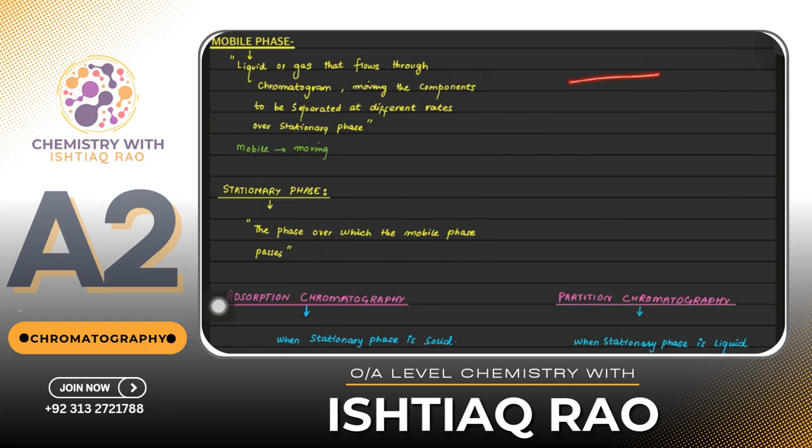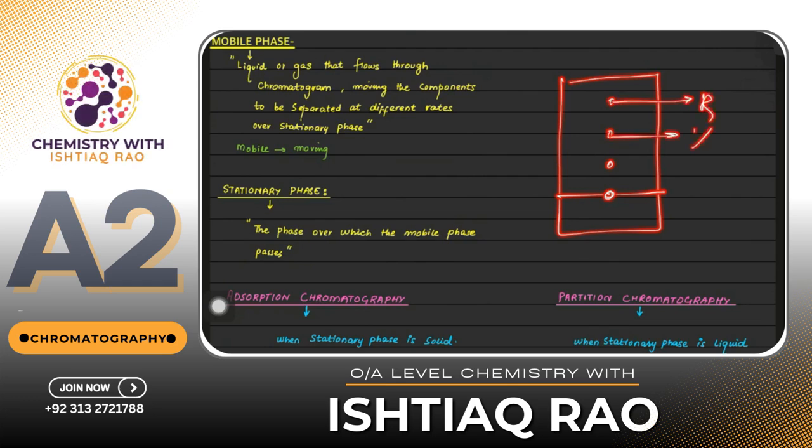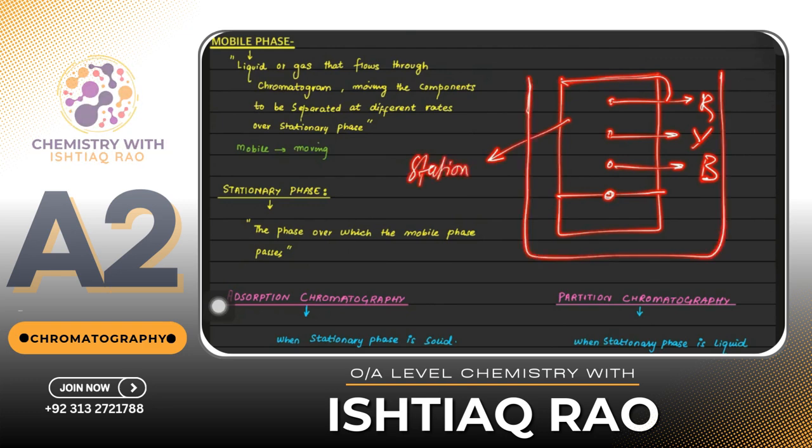Like, this is the paper and I have applied black ink on it, and the ink is separated into different colors. It's red, it's yellow, it's blue. On that filter paper, which is called the stationary phase, I have dipped this paper into the water. The water is acting as the mobile phase.